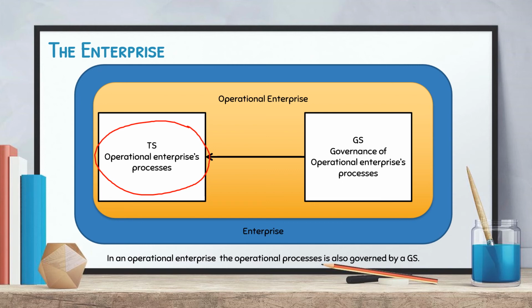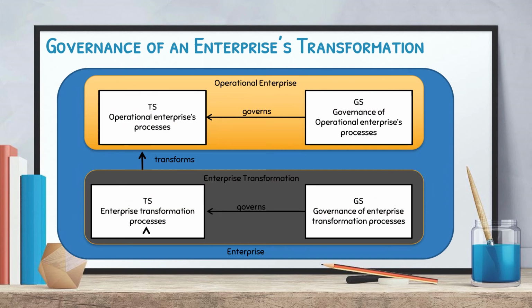This is actually being governed by the governance of operational enterprise process. So every action within the enterprise is governed by a governance system, without having enterprise architecture implemented yet in the enterprise.